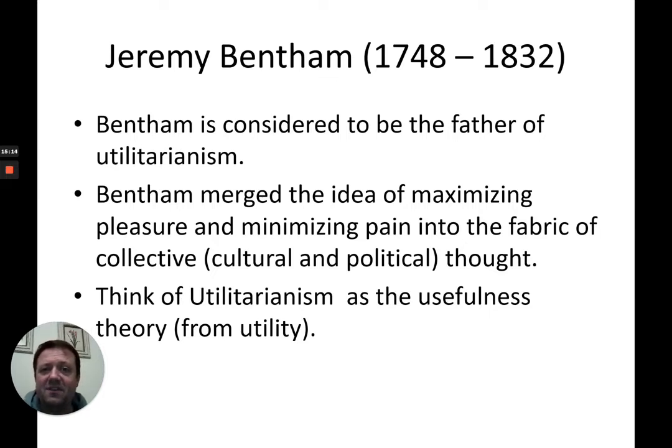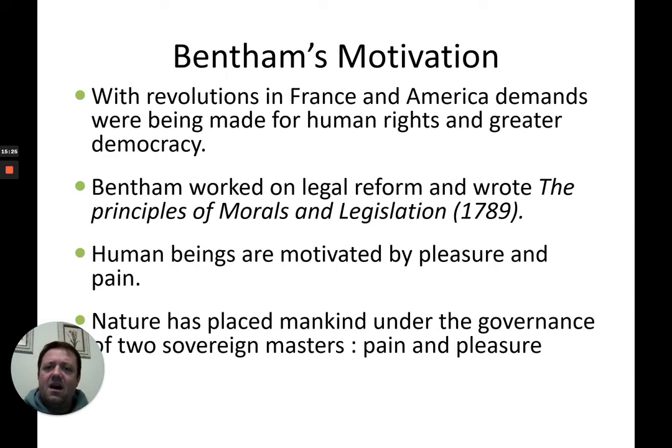If you think about the term utility, some of you may have utility rooms in your houses, for example. They are useful rooms. Right? So this is the idea of utilitarianism, is that it's useful. Now, Bentham's motivation was grounded in several areas, but he was very interested in human rights, and he was also obviously behind the emancipation of women, although that tended to have been taken up to a greater extent by John Stuart Mill, who was Bentham's successor in terms of utilitarianism.